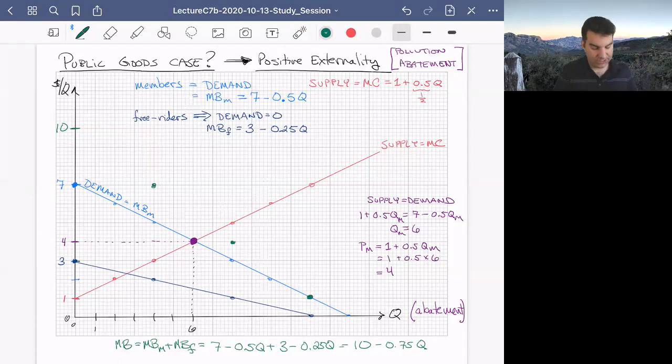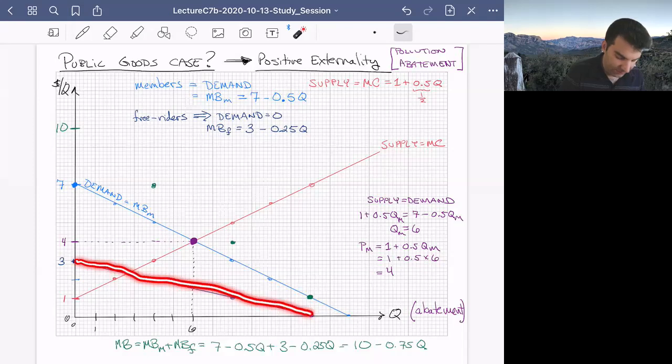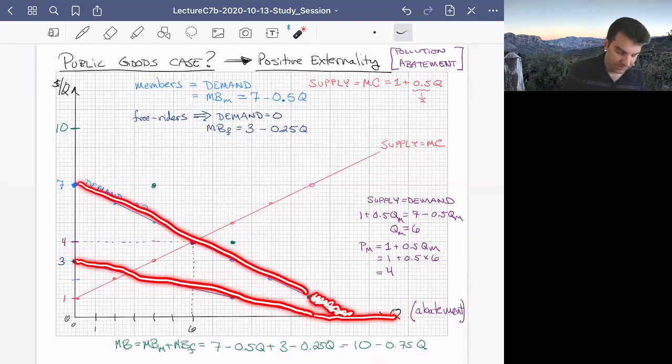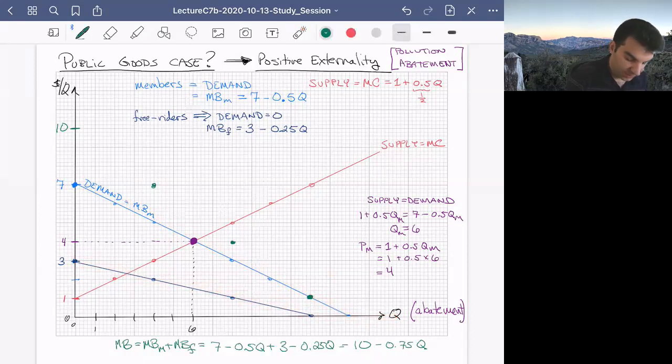And that is actually as far as I need to go, because after that point right there, the marginal benefit of the free riders drops to 0. So they stop contributing. And so the rest of the marginal benefit curve for society just follows the members' curve. So I will then draw that line in.